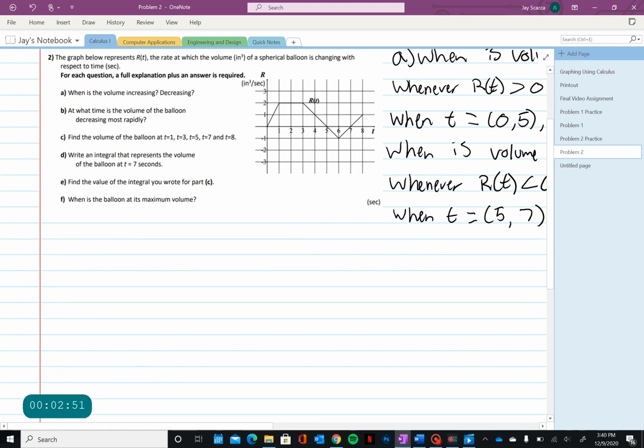Moving on to B. At what time is the volume of the balloon decreasing most rapidly?